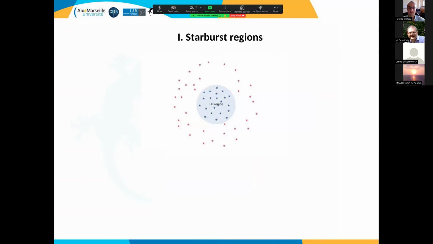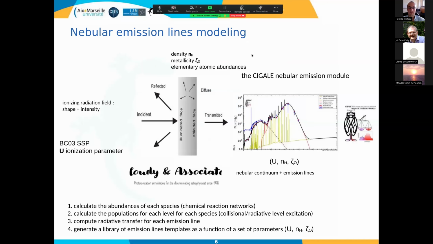So the first component is the host galaxy itself. You have old stars in red, and you have young stars in blue, where you have an H II region. To model this H II region, we need a shape and an intensity of the radiation field, and we need a description of the ISM with the density and the metallicity.